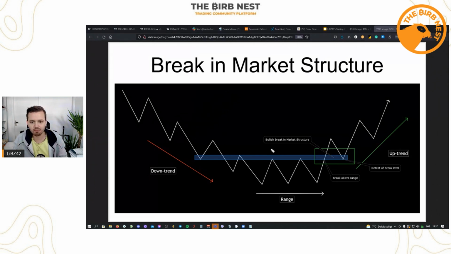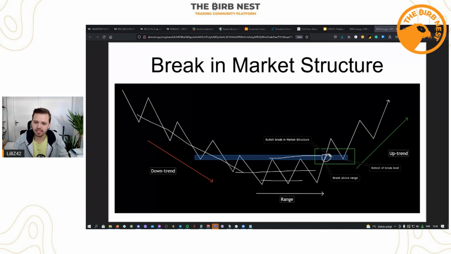So you have a bullish break in market structure. And if you look at this example right here, that's exactly what we have. You have a range right here. Price is in a downtrend. It enters a range. And when price gets above the equal highs of the range, when price gets above the range high, you have the first sign of a bullish break in market structure.